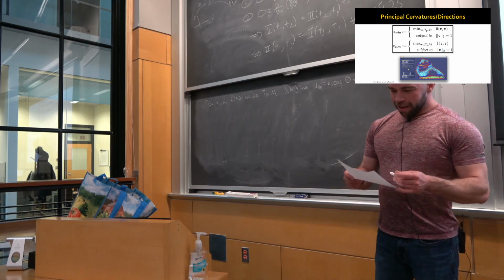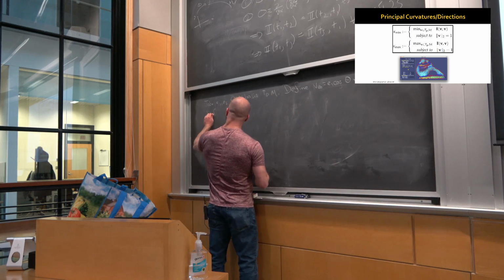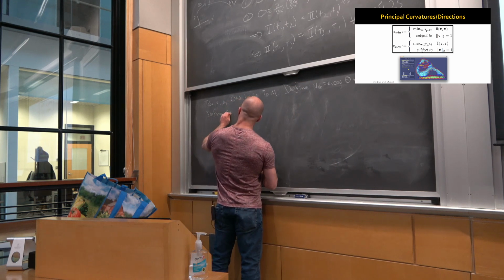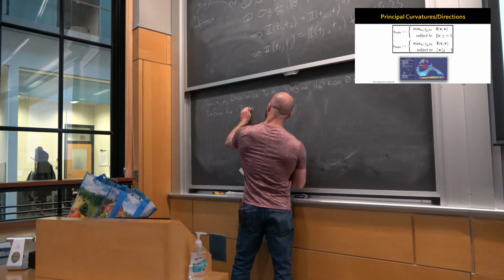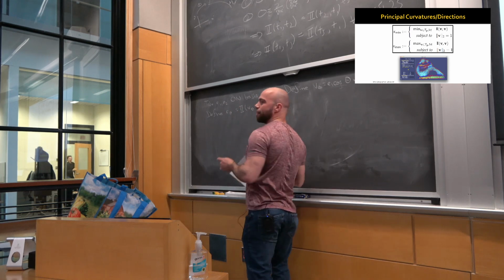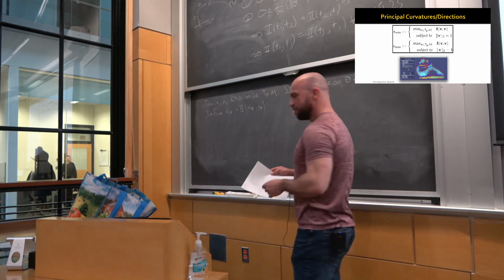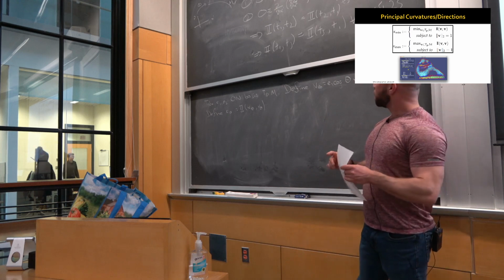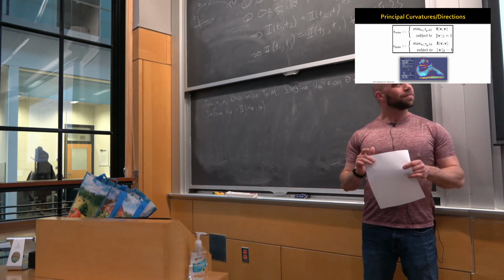Okay? So one thing I can do is define kappa sub theta to be the second fundamental form evaluated at v theta. So now I draw this little arrow, and essentially as I do that, I measure curvature in each of those directions. Does that make sense?